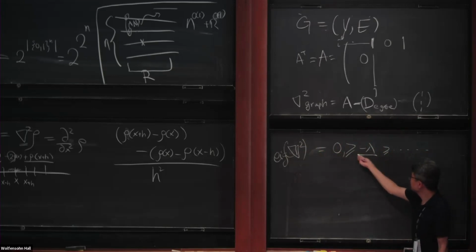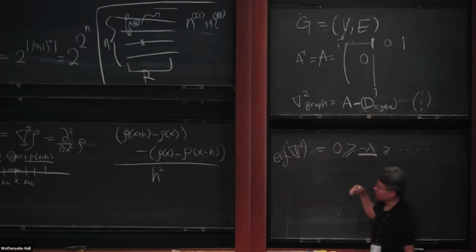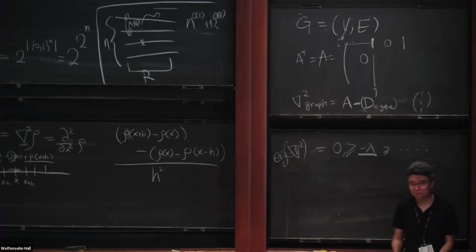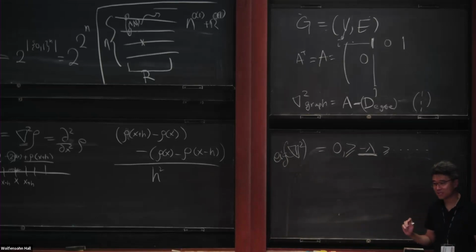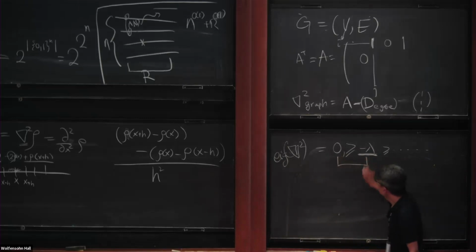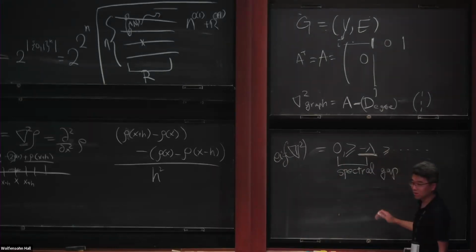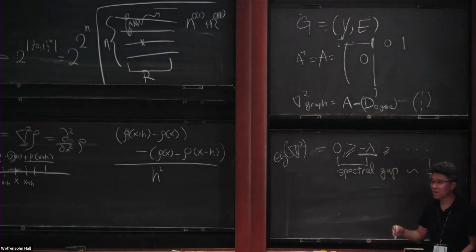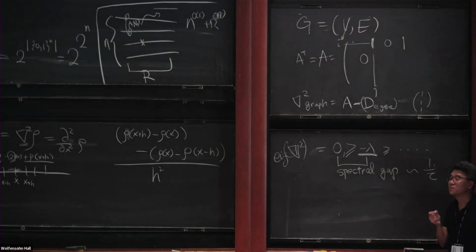The first non-zero value is the most important one because it determines how fast my rho will approach the constant function. Everything else only accelerates that process. So the difference between the two values is called the spectral gap. We're looking at the spectrum and the gap, and this determines the characteristic time of the decay process. At the end of the day, you will have a constant function. And that's exactly what we want.